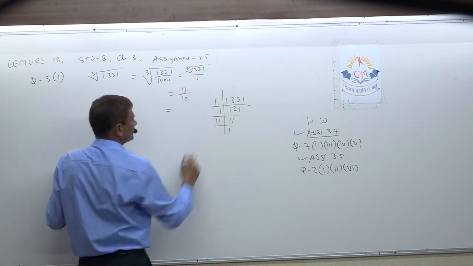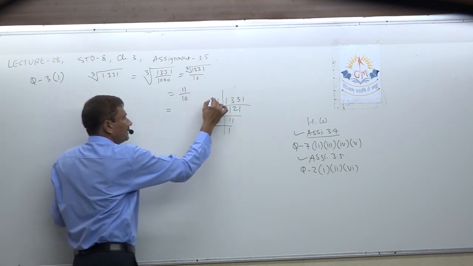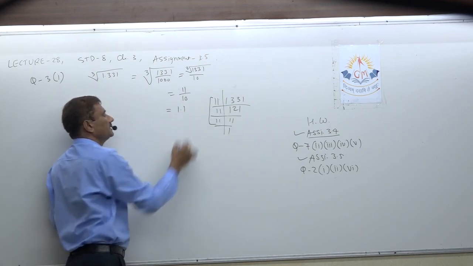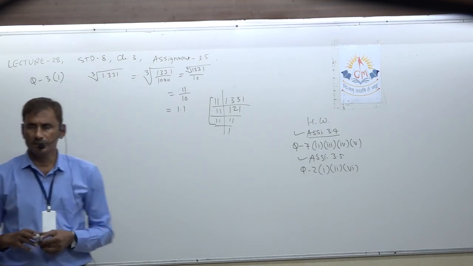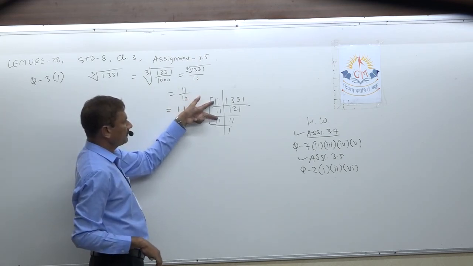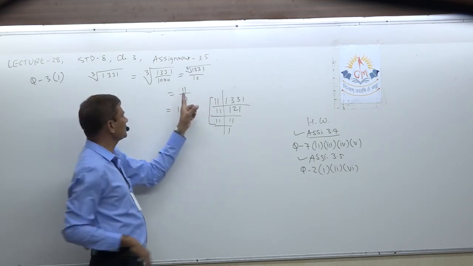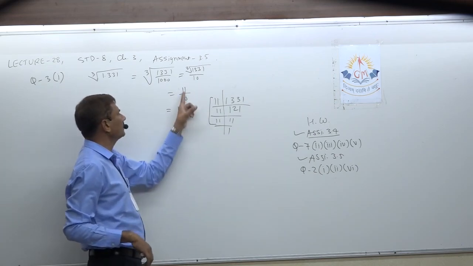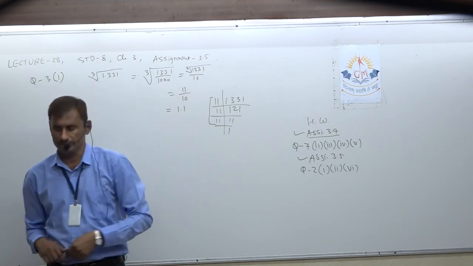Because it is 11 cubed. Okay, so out of each pair, write once only. So 1.1 is the answer. Understand well? From the whole pair 1 is taken. So 11 taken as the cube root, but divided by 10 means 1.1.